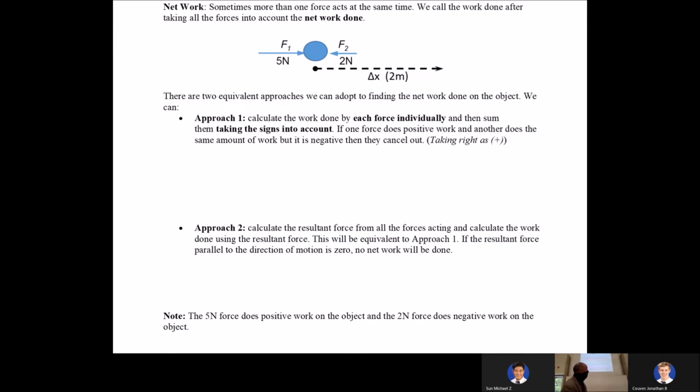The object is being moved to the right, a distance of 2 meters, by a 5 Newton force, but there's a 2 Newton frictional force. Just minus the frictional force. The first one, you must work out the work done by each force, and then add the works together. The second one, you must calculate the resultant force, or the net force, first, and then work out the net work using the net force.